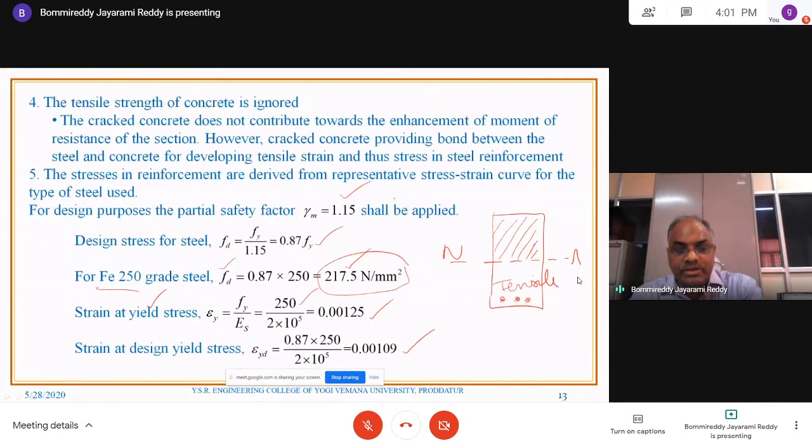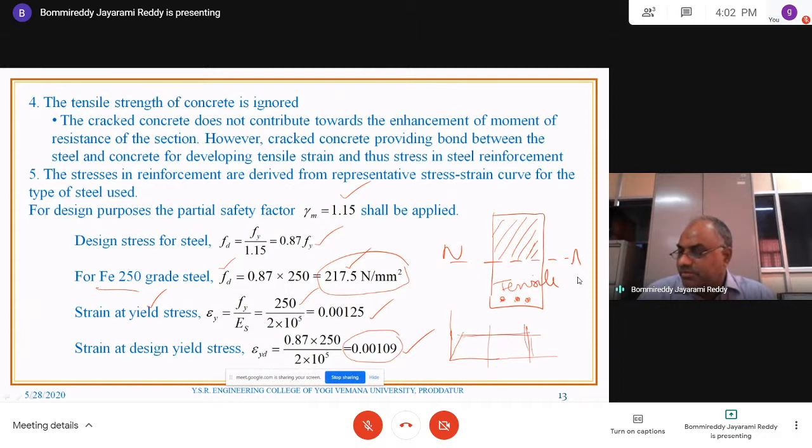Already we have seen another one. Here for Fe 250 grade, the strain at the design yield stress is only 0.00109. That means when the strain reaches 0.00109, you will get 217.5 Newton per mm square. The curve will be like this up to this straight line, and afterwards any amount of elongation will give you only increased deformation.